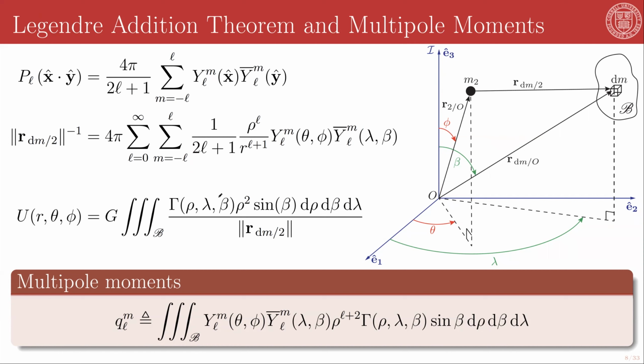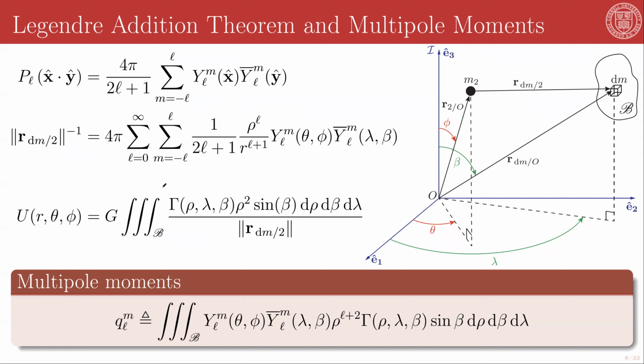We can therefore find the BLM coefficients by matching terms of these summations, where U(r, theta, phi) has to be equal to this triple integral, where we can substitute in this series and then match it against the series on the previous slide.